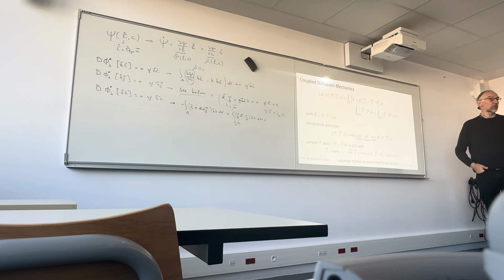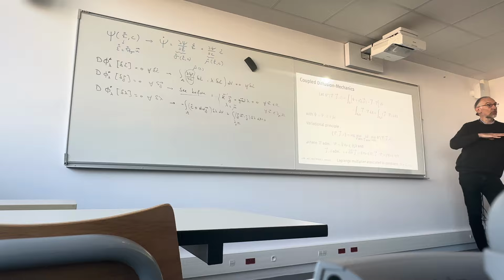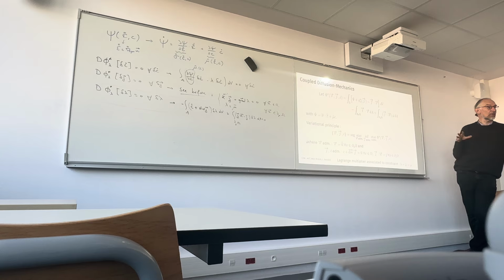Here again, I have a known state, so I know the deformation and the displacement. I know the concentration. And I want to find the velocities, the fluxes, and the rate of concentration. My evolution problem.